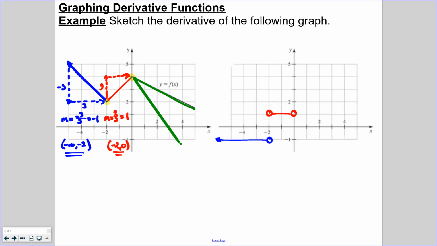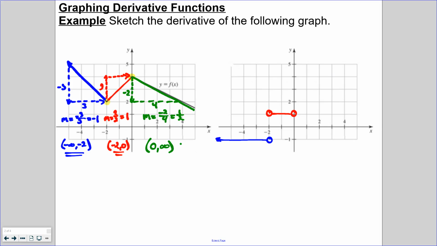Also linear function, so we can go ahead and find the slope of this piece by using rise over run again. And if we go down 2, so -2, and then if we go over 4, we'll wind up at a point, meaning this particular slope will be -2 over 4, which gives us a slope or an output of -1/2 on the interval 0 to infinity on our derivative graph.